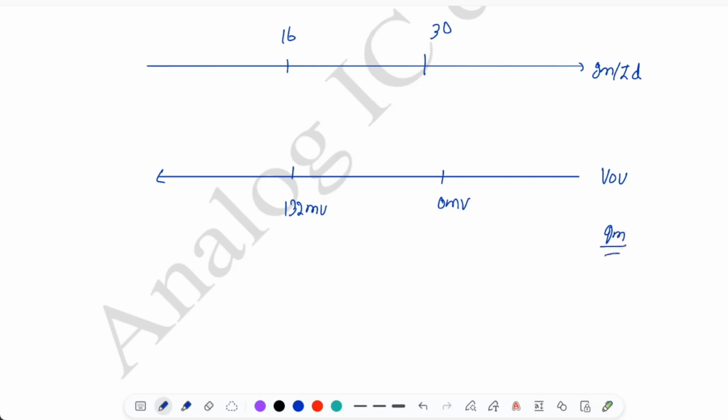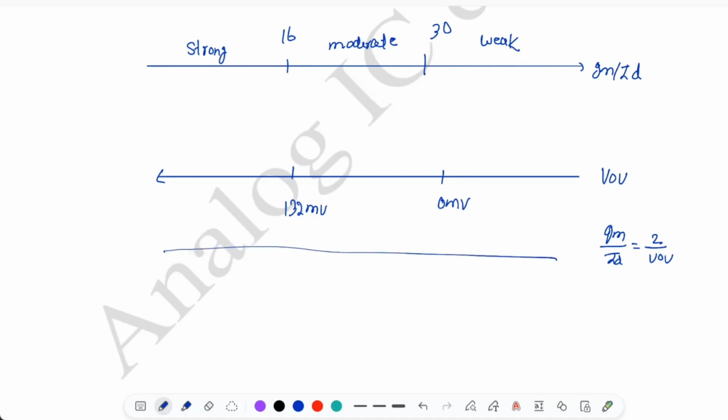We know that gm/ID is 2 divided by V overdrive. So this will be strong, this will be moderate, and this will be weak inversion. V overdrive increases this side, and gm/ID increases this side. So you can correlate both things.